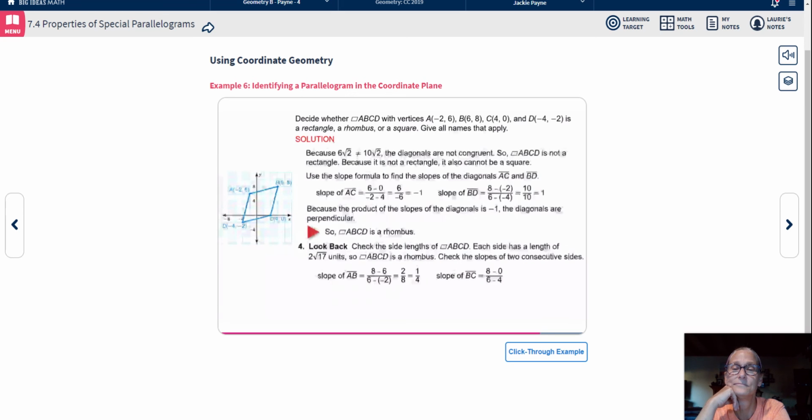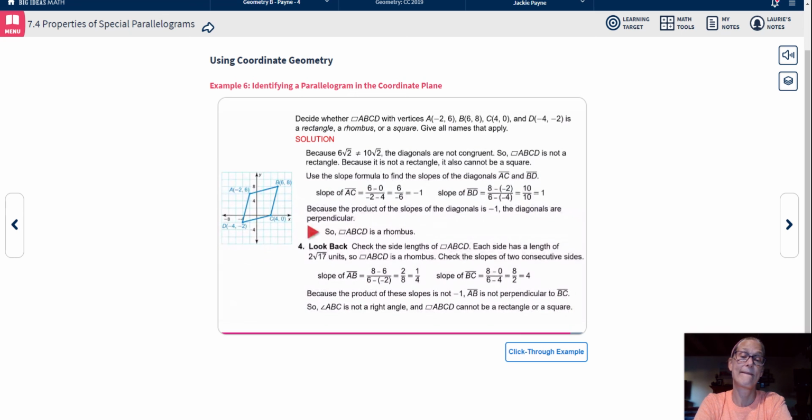The slope of segment BC is equal to the quantity 8 minus 0 divided by the quantity 6 minus 4, which equals 8 divided by 2, or 4. Because the product of these slopes is not -1, segment AB is not perpendicular to segment BC. So, angle ABC is not a right angle, and parallelogram ABCD cannot be a rectangle or a square.